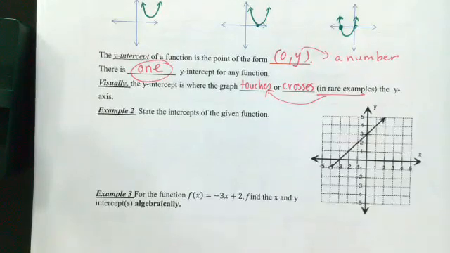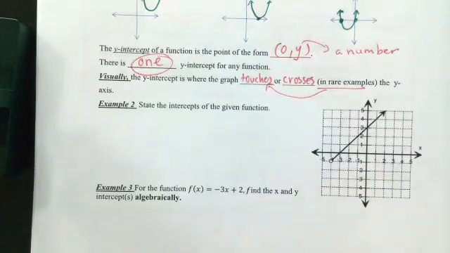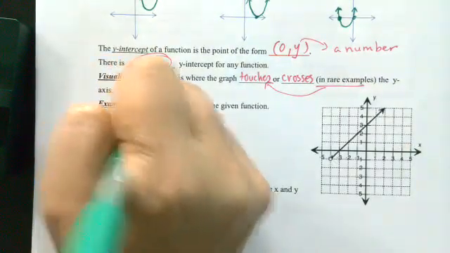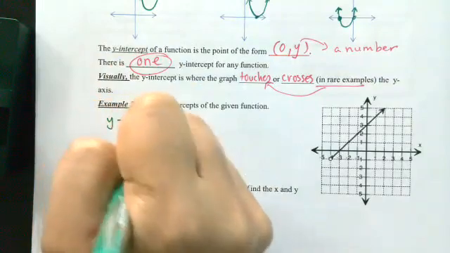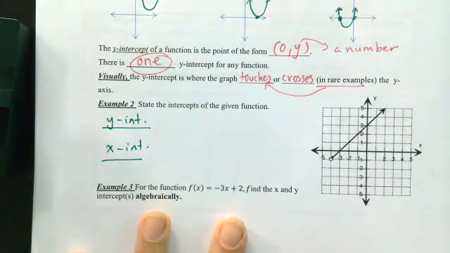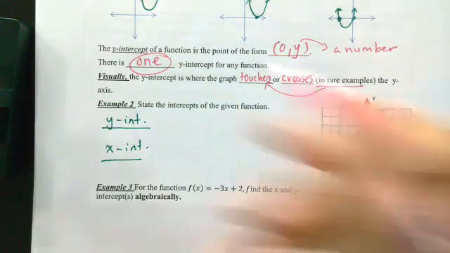Now we're gonna do some examples. State the intercepts of the given function. So you have the given function graphically here. We just need the intercepts. The y-intercept is at 0, 3.